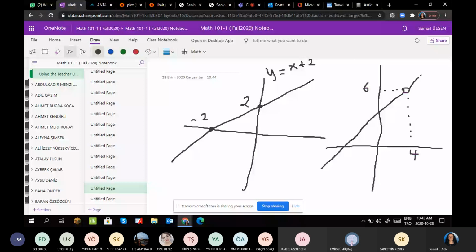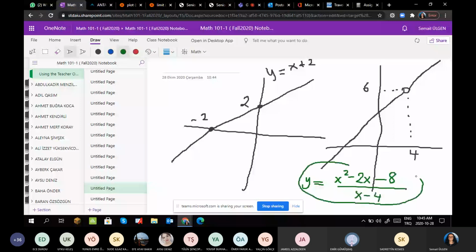The one on the right that I drew is the graph of y is equal to x squared minus 2x minus 8 over x minus 4. See, this green one, the graph of this is this, empty here. This is the graph of y is equal to x plus 2.